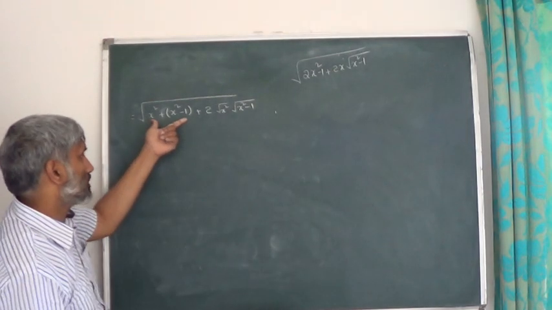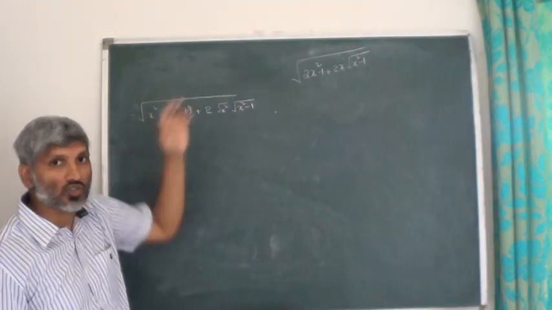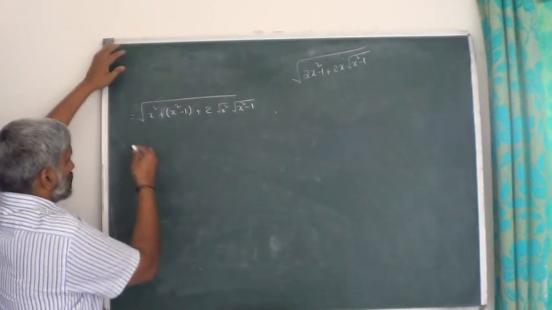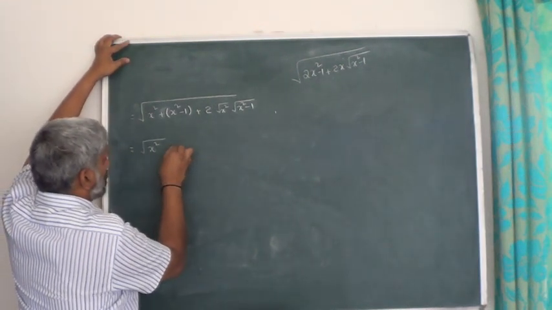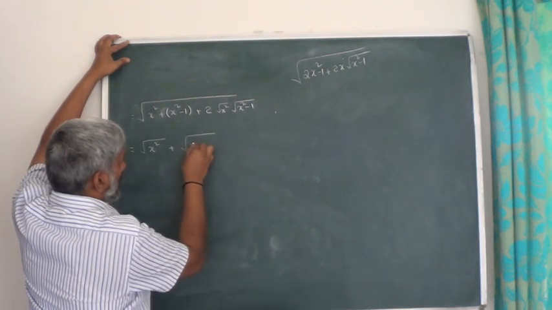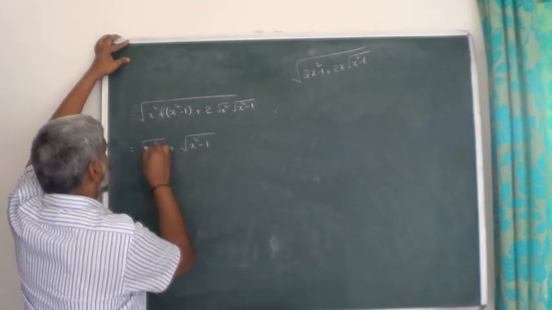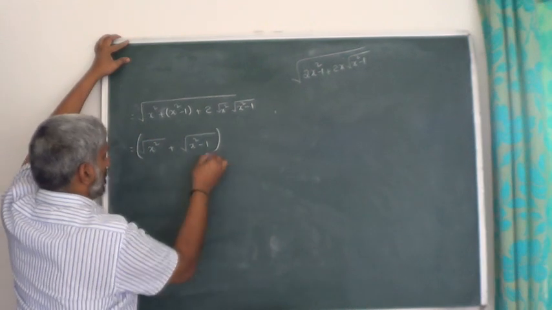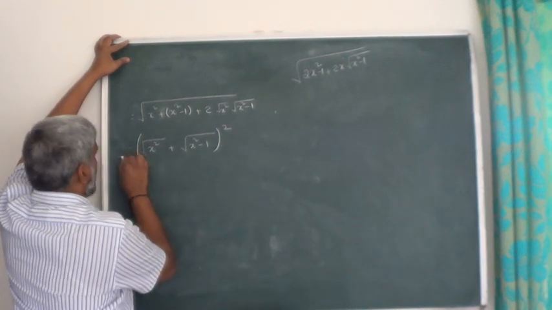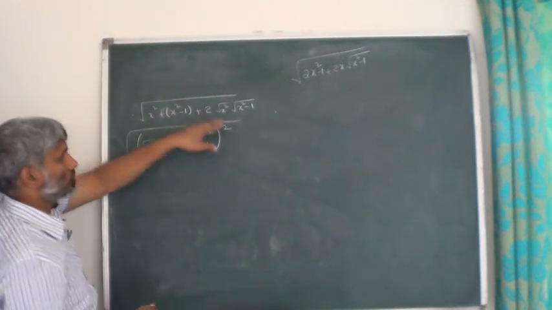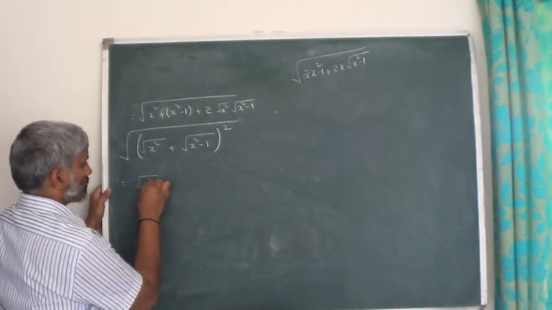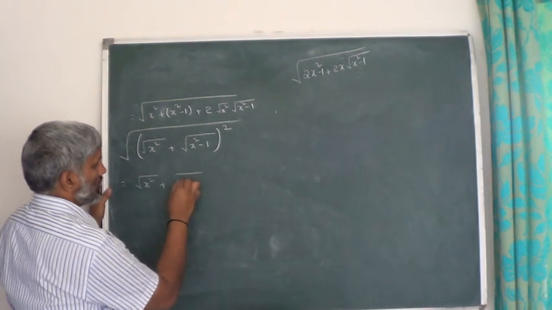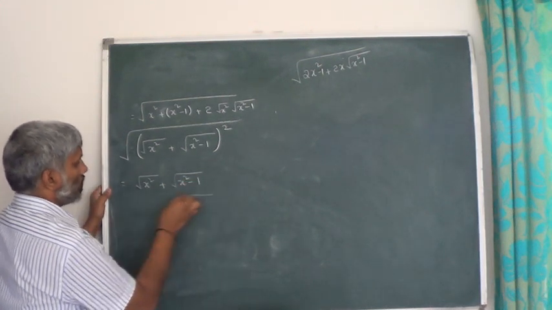So this can be written as root of x square plus root of x square minus 1 whole square under root. Square and root cancel. You will get the answer as root of x square plus root of x square minus 1.